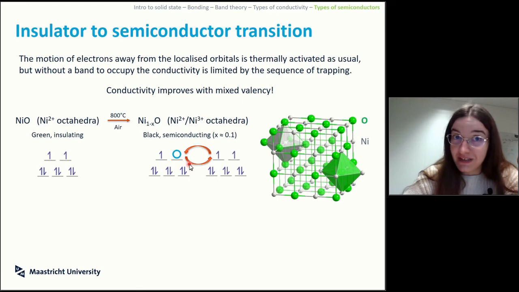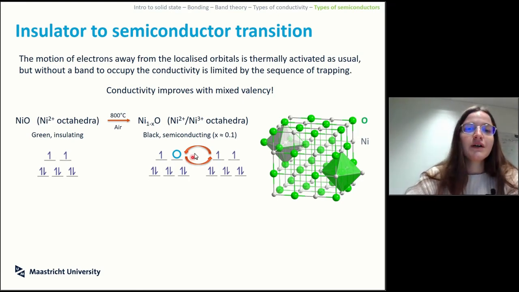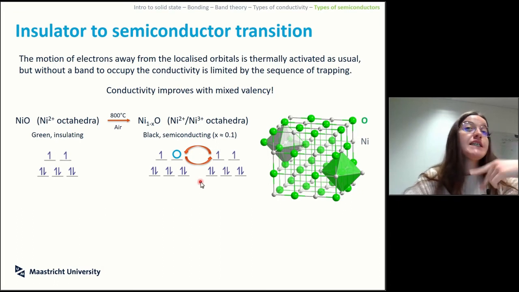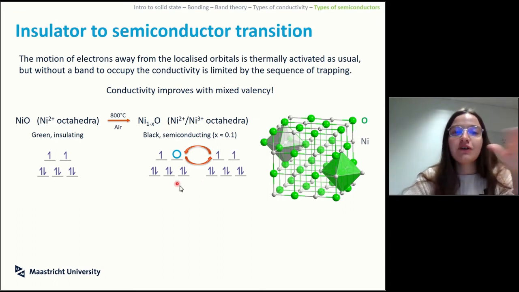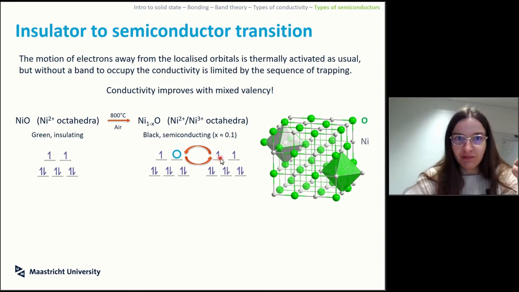Why? Because you oxidize the material in air. Statistically, if you have some positions in which one of the orbitals is empty, then energy-wise these see each other very well, and you can jump this into this, and this into this, and the material goes from green to black, and from insulating to semiconducting.